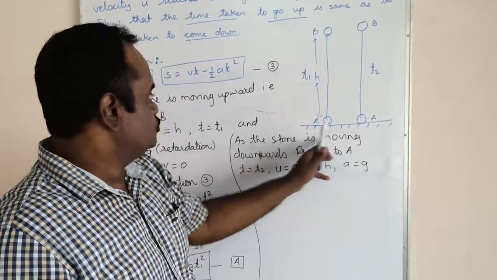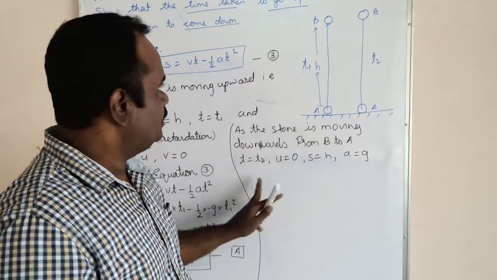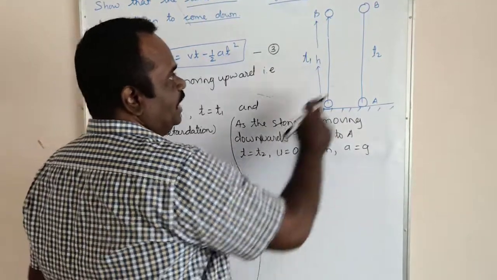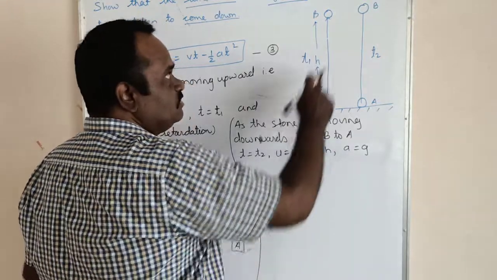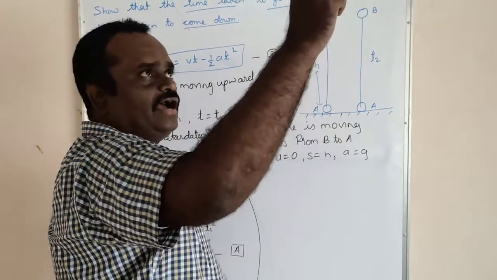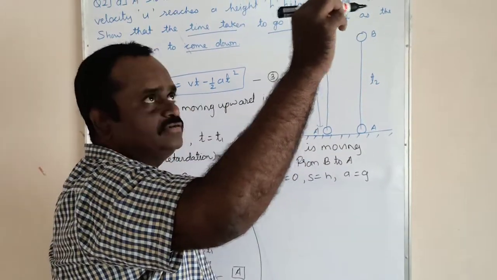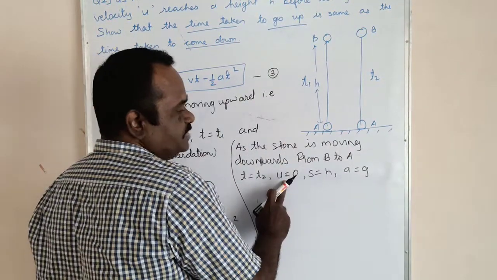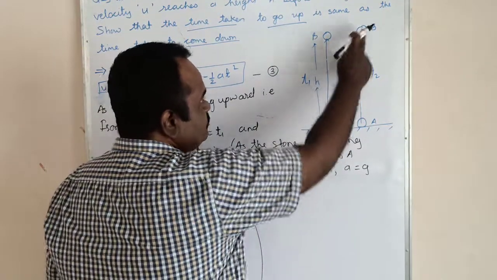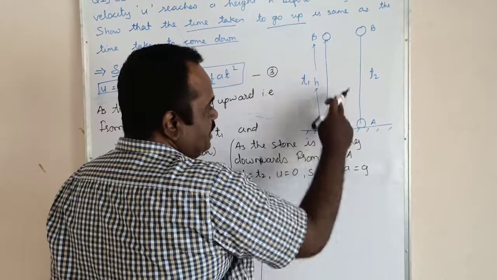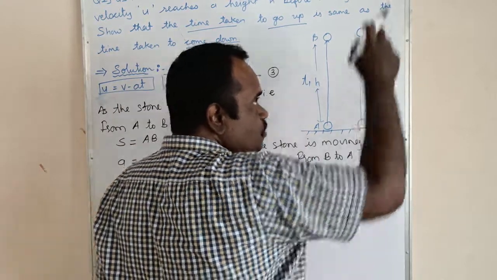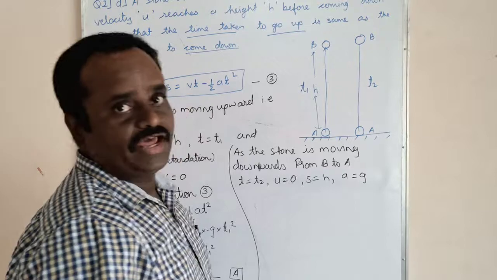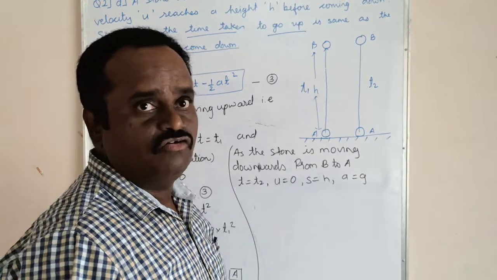As the stone is moving downwards from B to A, let us take the time as T2. So u, the initial velocity, is 0, the displacement will be the same, h, and a is equal to g, because it is acting in the direction of the gravitational force.